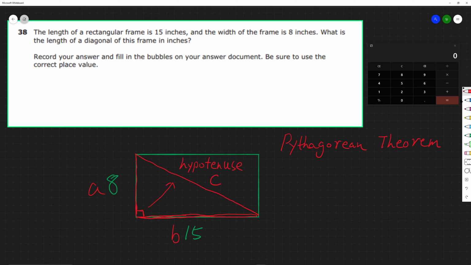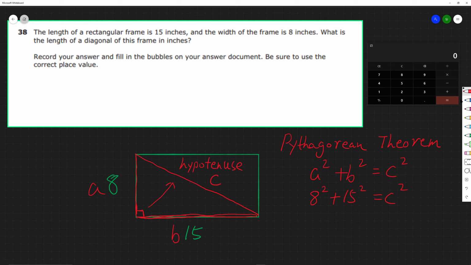According to the Pythagorean theorem, a squared plus b squared equals c squared. As we know, A is 8 inches and B is 15 inches. Let's put the values in. 8 squared plus 15 squared equals c squared.